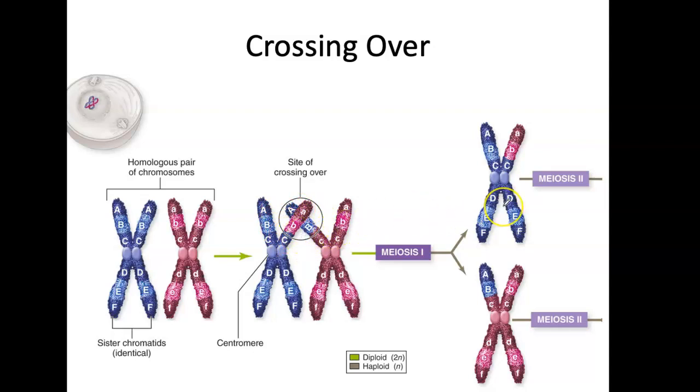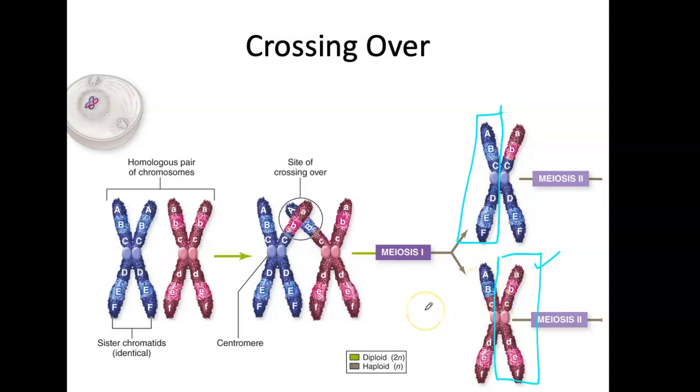So we end up with chromosomes that are not entirely dad or entirely mom, or maybe some are and some are not. If I were to slice this down the middle like I was doing before, this still looks like totally dad. If I slice this one down the middle, this looks like totally mom. But the other two, this has mostly dad and some of mom's genetic material, and this has mostly mom and some of dad's genetic material.